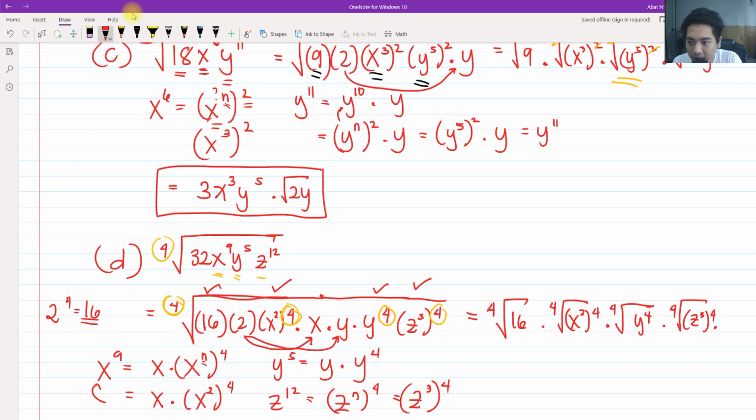Finally, multiplied by the fourth root of the 2 times x times y that we split off a while ago. So we have the fourth root of 2xy.